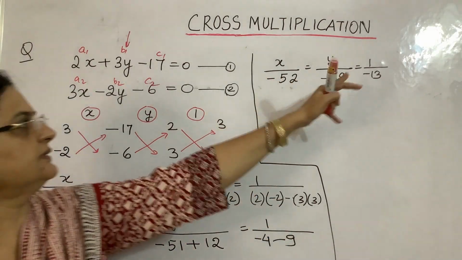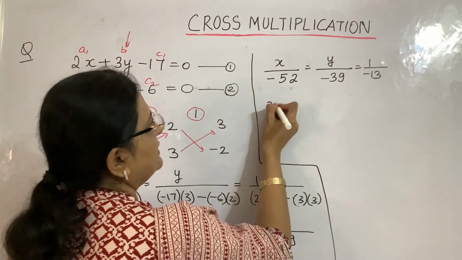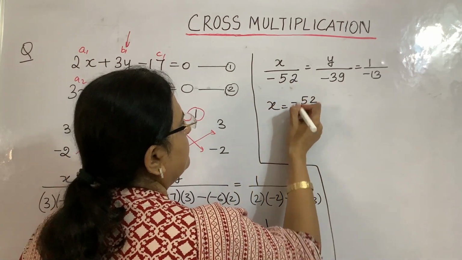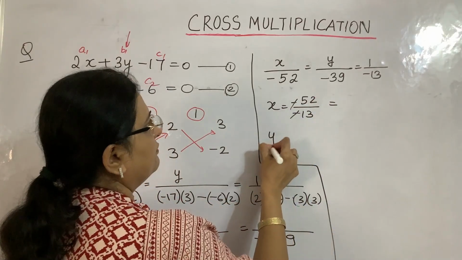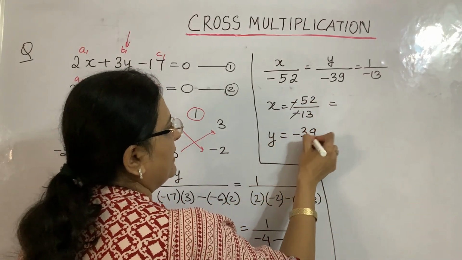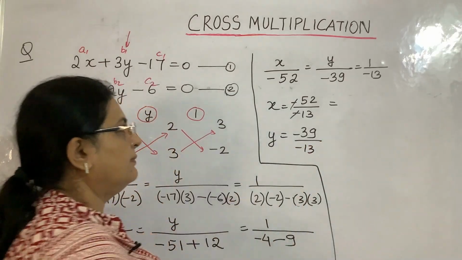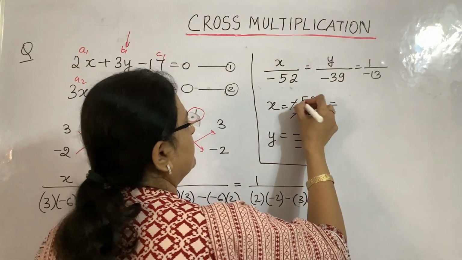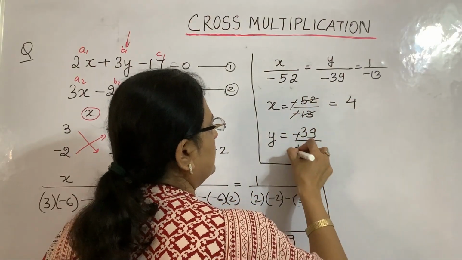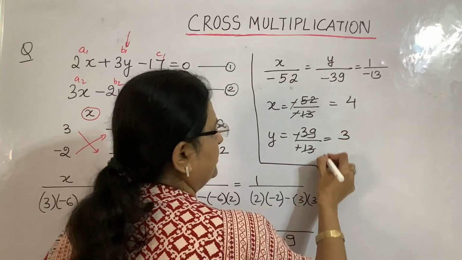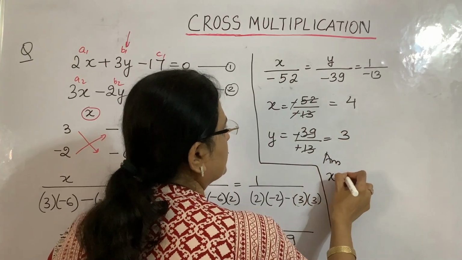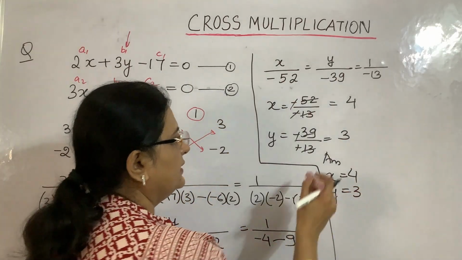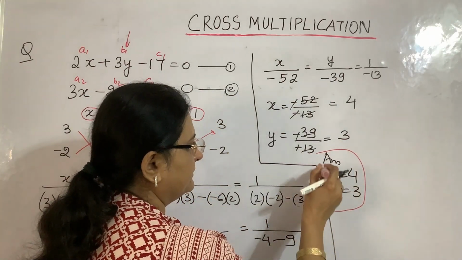Now take the first and the last one. So x will be equal to minus 52 upon minus 13 and y will be equal to minus 39 upon minus 13. You can cancel out if you know the tables. So this is 4 and this is 3. So what will be the answer? x is equal to 4 and y is equal to 3.